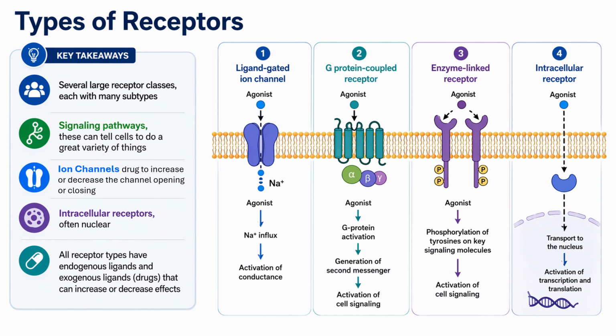All of these receptor types have endogenous ligands in the body, as well as exogenous ligands. So endogenous within and exogenous, like drugs or medications that we can consume, that we can use to increase or decrease the effect. An example might be levothyroxine, which is a medication that acts similar to thyroxine.